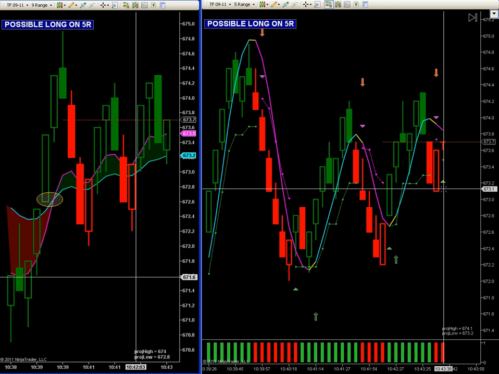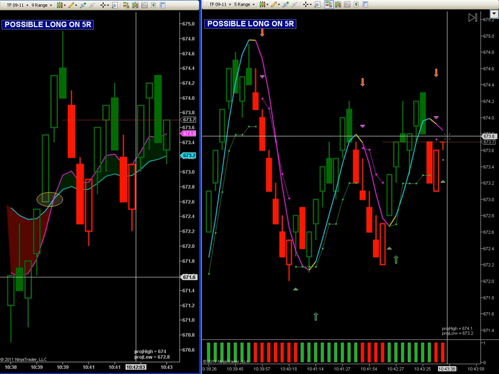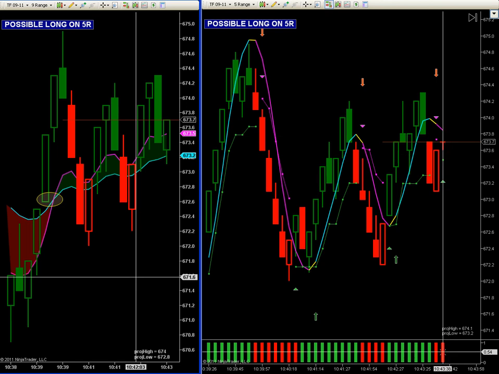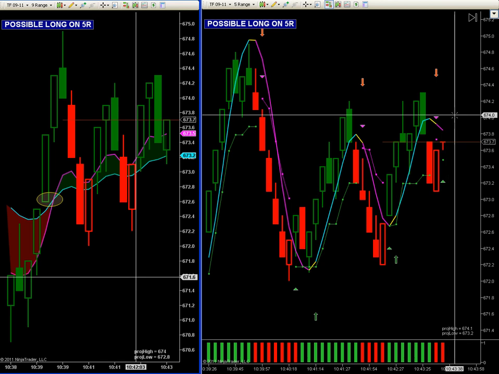Right now we have the up green triangle, which is the first entry condition on the lower time frame. Now we're waiting for the other four entry conditions, such as the slope has to be aqua. Right now it's magenta, and we need to have the momentum from red to green, and price has to break above the aqua slope, and certainly the signal candle has to be green as well.